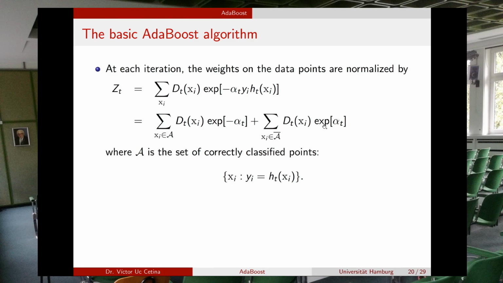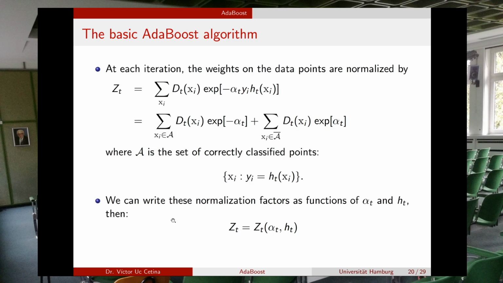And to the right, we see the same expression, but for those examples, this A bar means the set of examples that were incorrectly classified. And we know that for incorrectly classified examples, we compute the exponential of positive alpha. So we have simply divided this expression in two parts, one part for the correctly classified and one part for the incorrectly classified points.